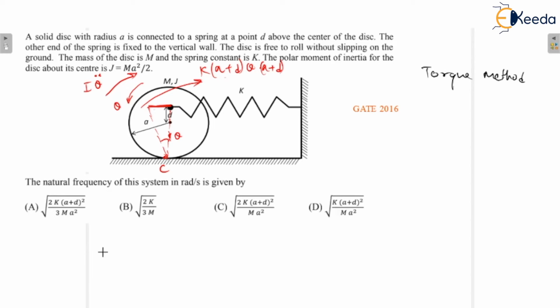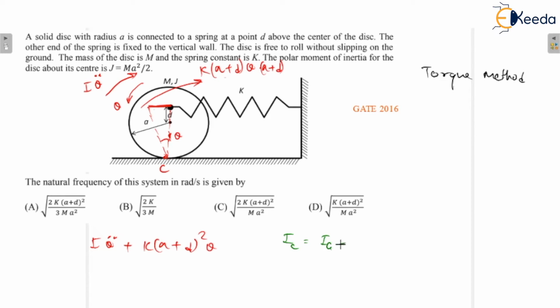So we just have to make the equation: I theta double dot plus k times a plus d whole square times theta. Now we have to calculate the moment of inertia about the point of contact.